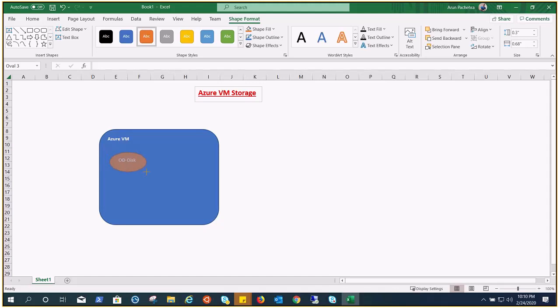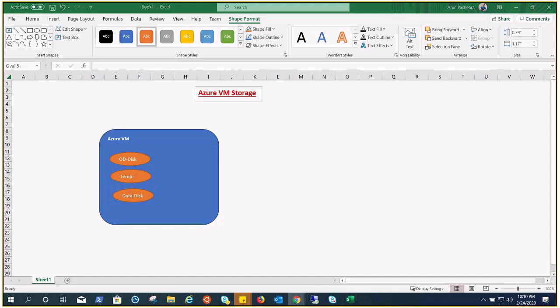We have this OS disk, and this is the temp disk, and this is the data disk. So very simple to understand.